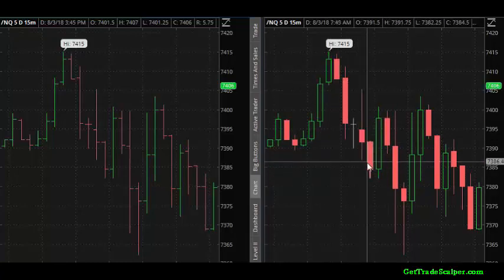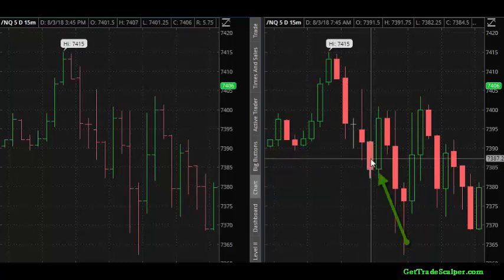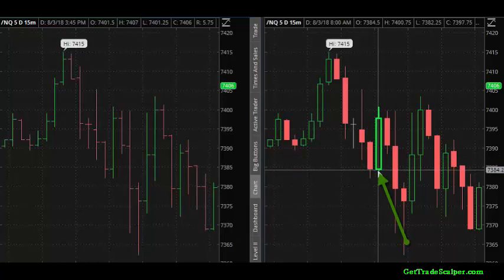Just like up here, you had this bar close at 73.85.50. The next bar opened at 73.84.50, and we had the high 74.70, we had the low 73.82, and we had the close 73.97.